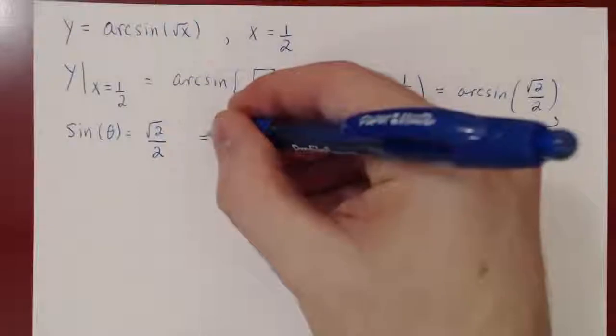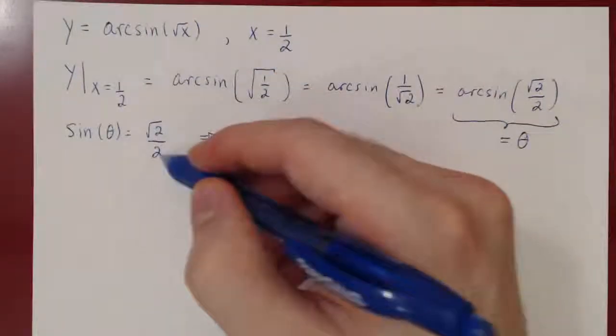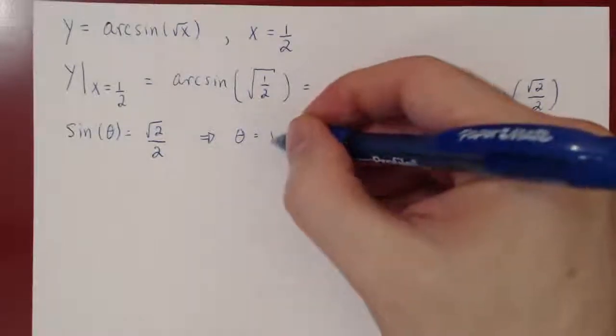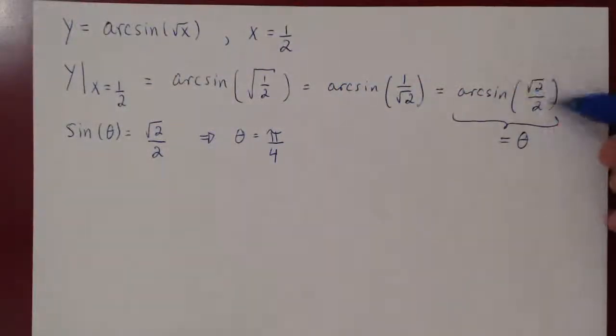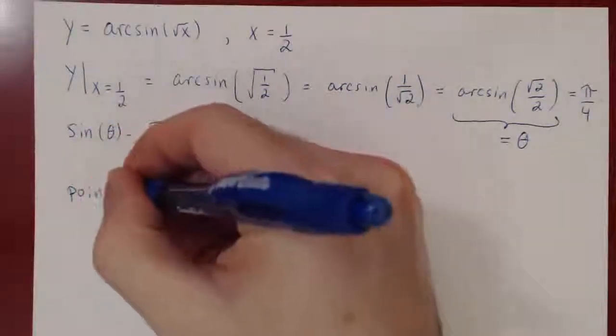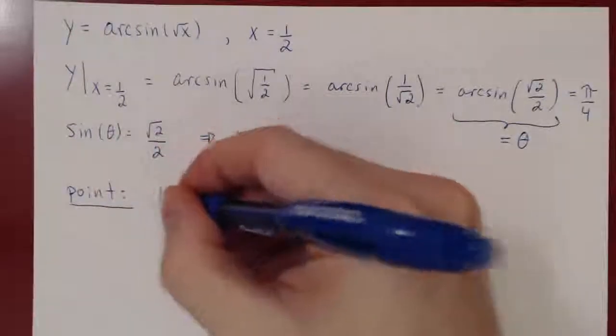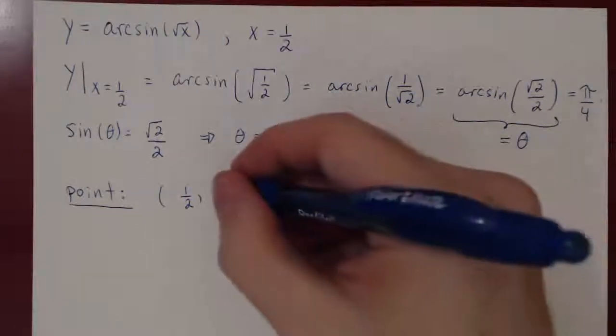And if you remember, sine is root 2 over 2 exactly when the angle is pi over 4. So arc sine of root 2 over 2, that's just pi over 4. So we now have the coordinates of our point. The point on our curve is given by x is 1/2 and y is pi over 4.